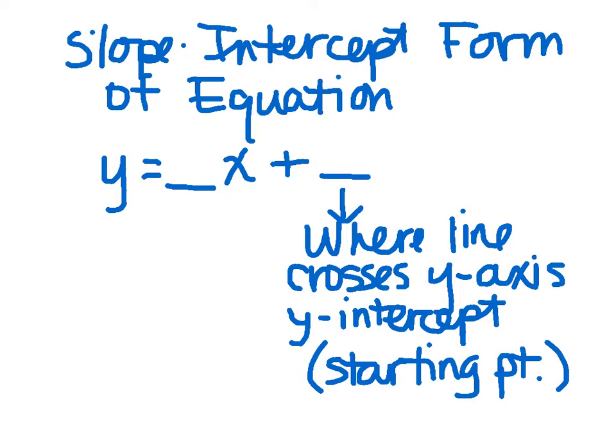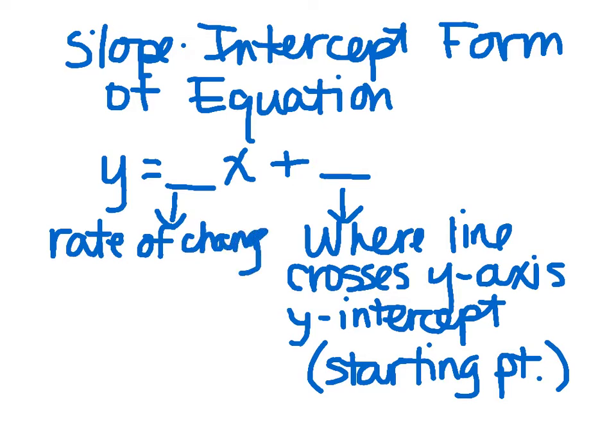The number that multiplies x tells us about the rate of change. In other words, the slope. How much each unit is getting multiplied by. And from here on in, that will be called the slope.